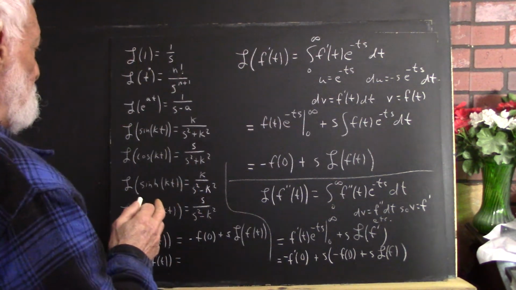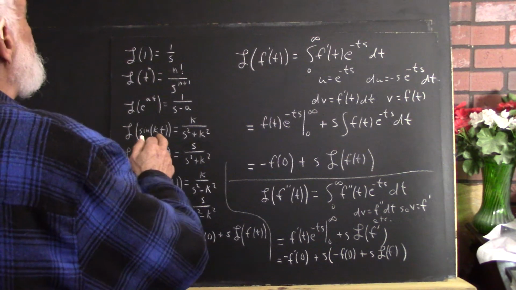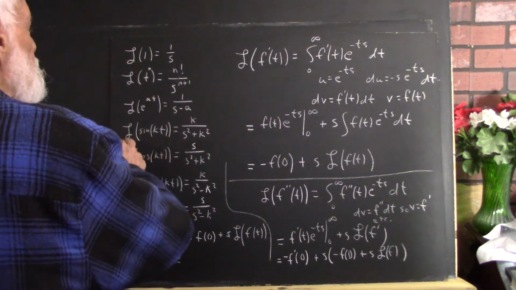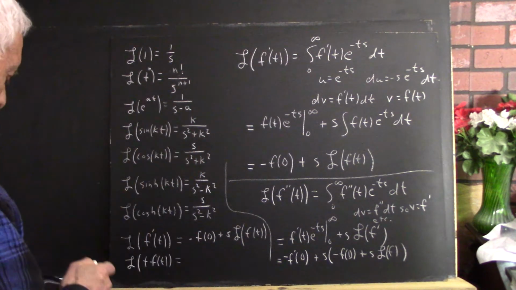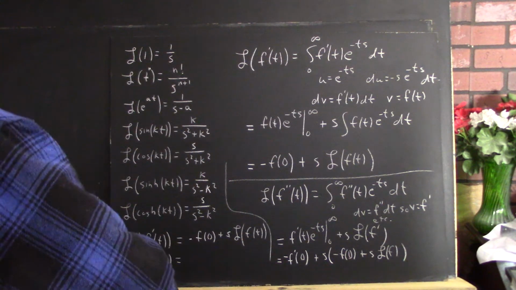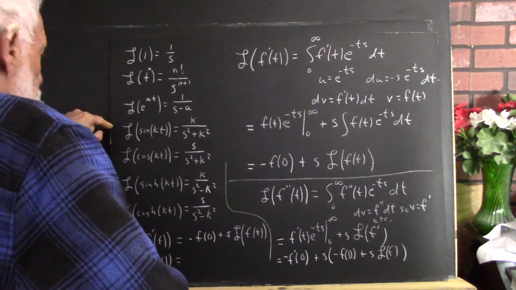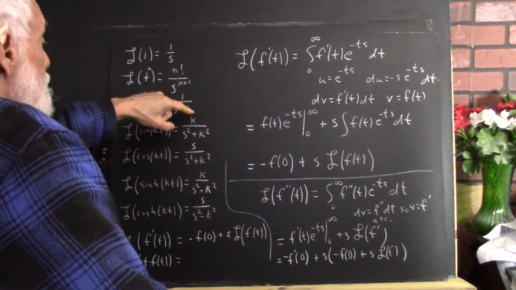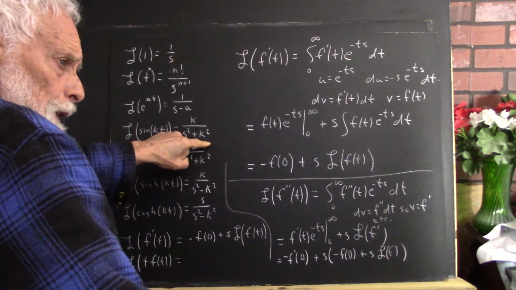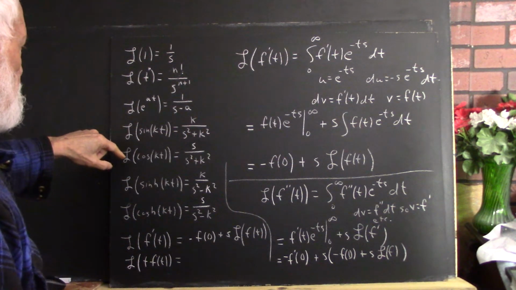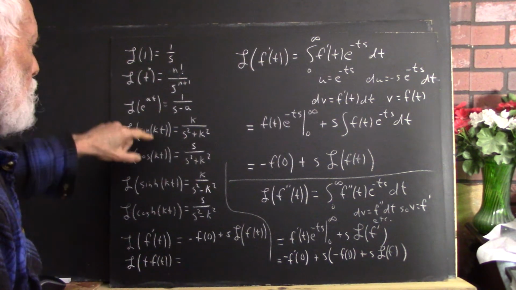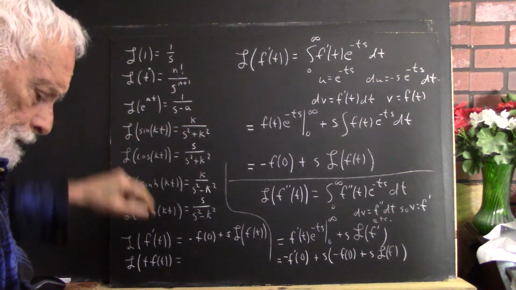So what would you transform to get 1 over s squared plus k squared? Well, you would transform 1 over k times this. In other words, 1 over s squared plus k squared is the Laplace transform of 1 over k times the sine of kt.